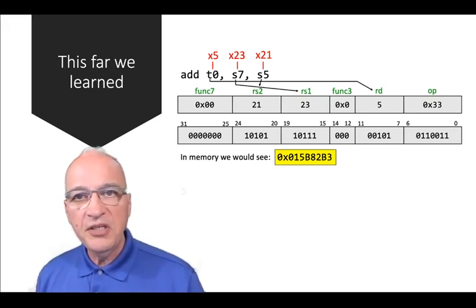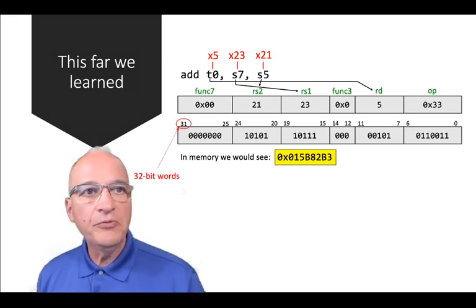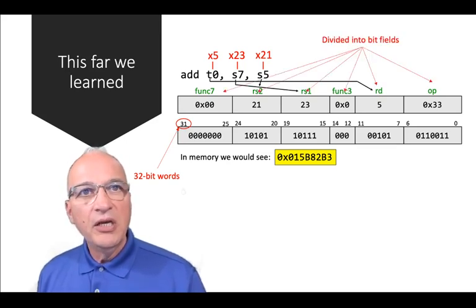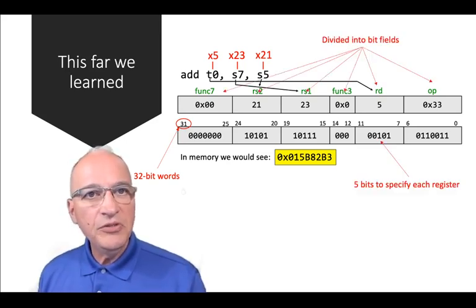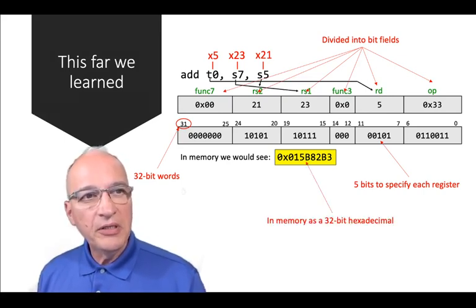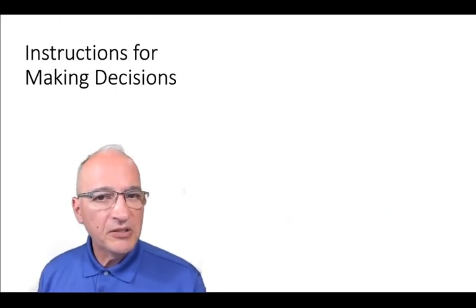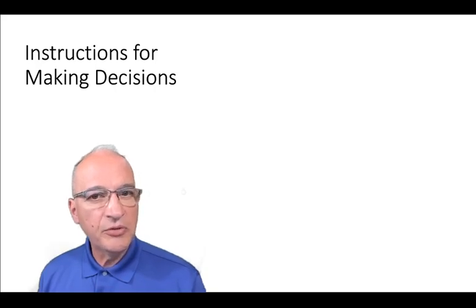So what we have seen here is, for example, that the instruction format is always a 32-bit word. It's divided into bit fields, and we need 5 bits to specify each one of the registers in an instruction. And in memory, the instruction will appear as a 32-bit hexadecimal number. In the next part of this lecture, we're going to look at instructions for making decisions.